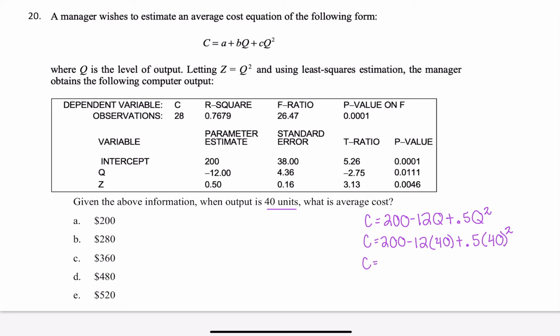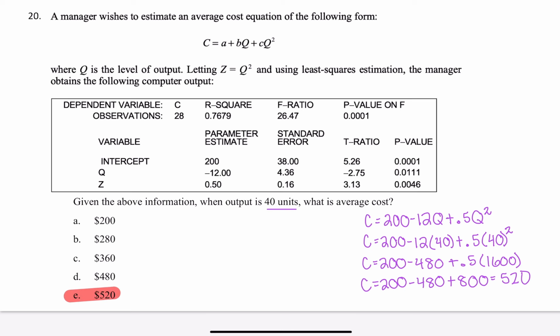C equals 200 minus 480 plus 0.5 times 1600. So C equals 200 minus 480 plus 800, which equals 520, or E. So that's it.